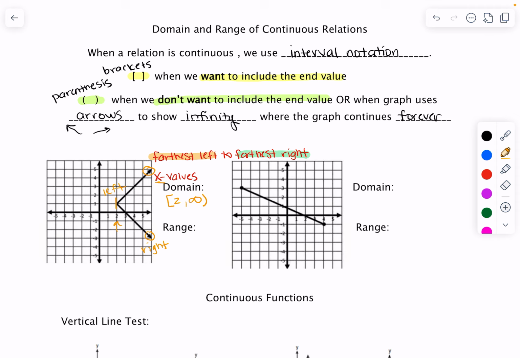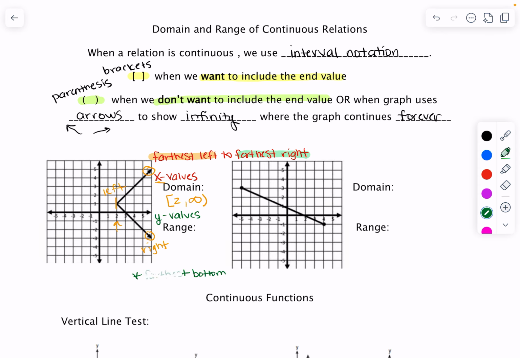My range then, I'm going to use green here to match the highlight. So my range are all my y values, listed the same way in like sort of a coordinate pair. And I'm going to look at my most bottom. Okay, my range is my farthest bottom.